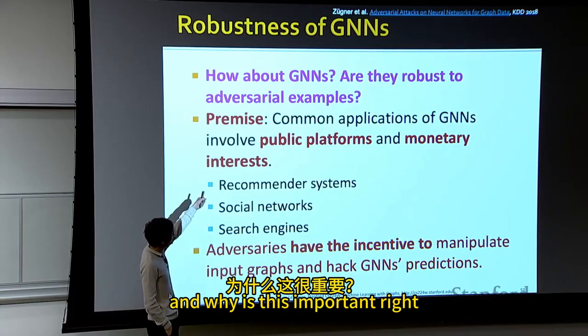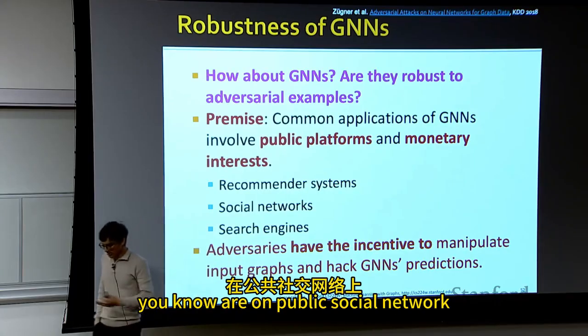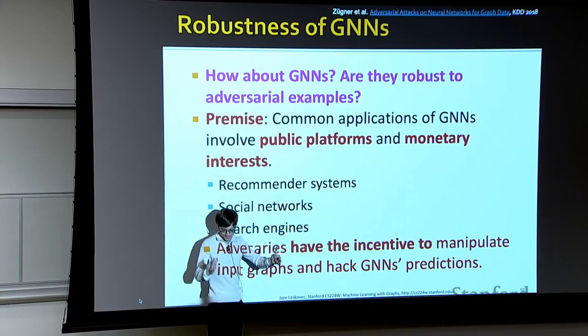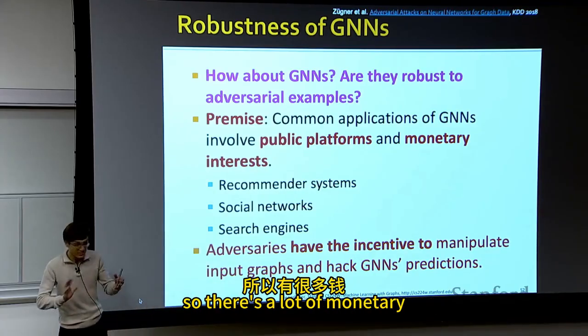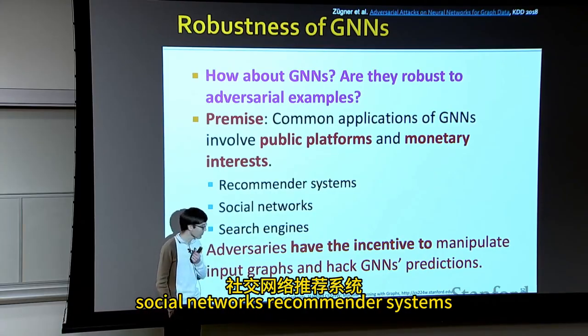And why is this important, right? Because the common applications of GNNs usually are on public social network venues, or it's about banking and transactions and so on. So there's a lot of monetary interest from search engines, social networks, recommender systems.